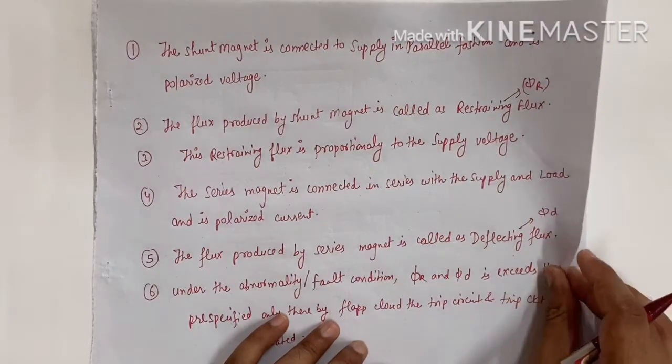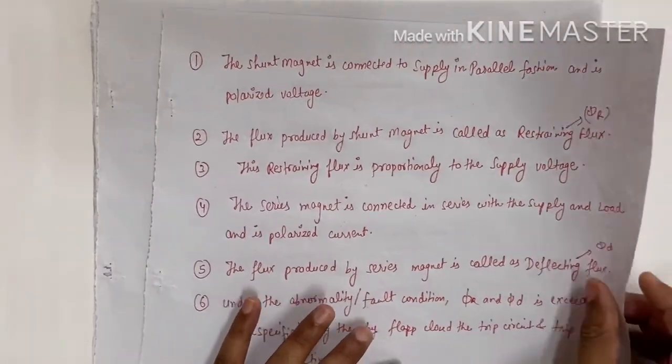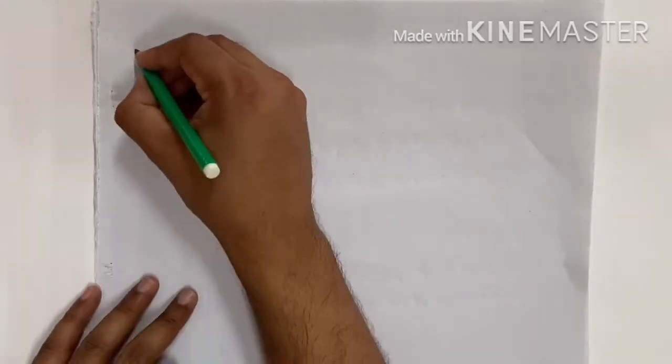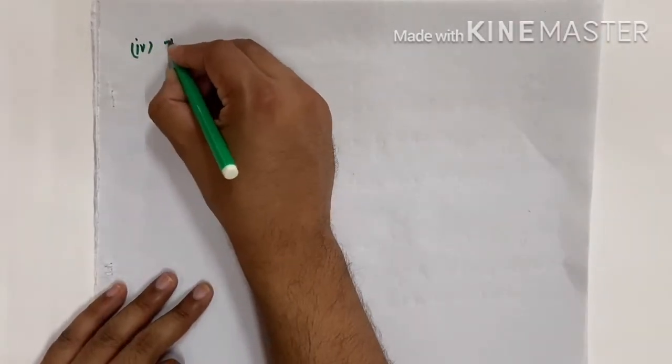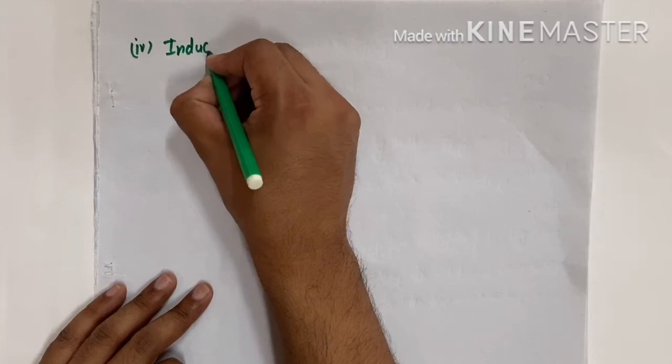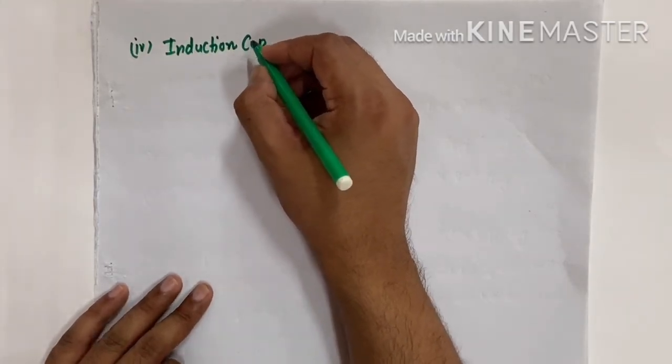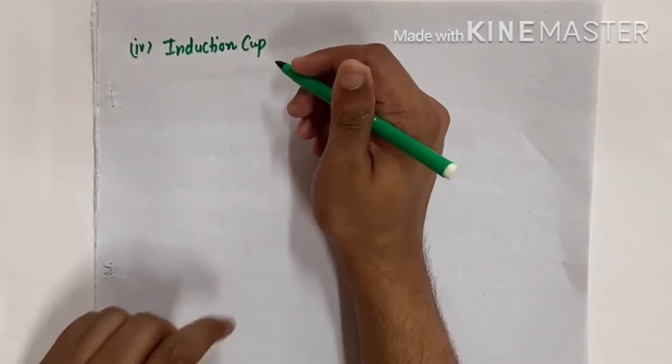Okay, now the last classification of this category is the induction cup regulator type. So you have to write: the fourth classification is the induction cup regulator type.